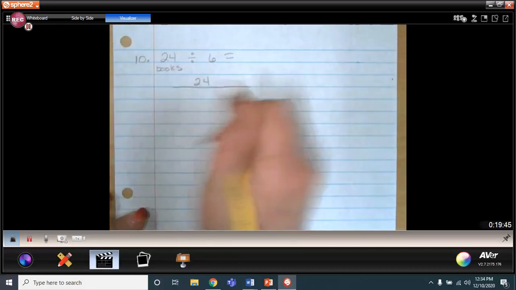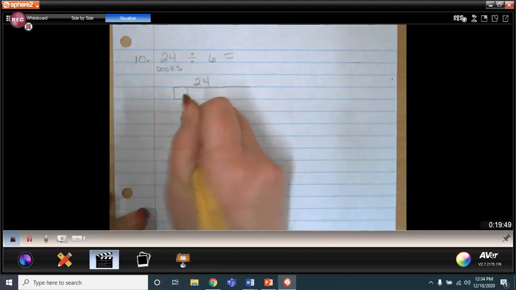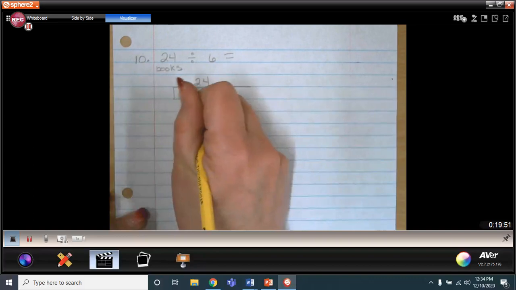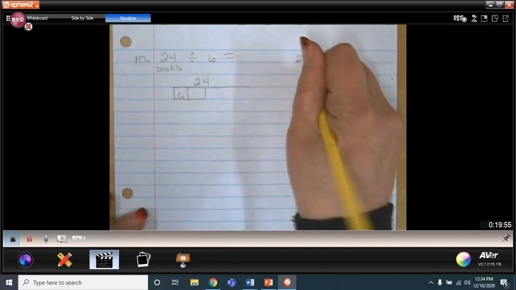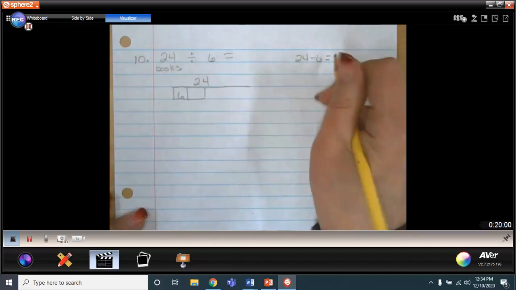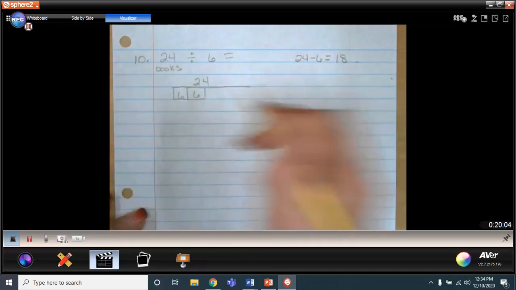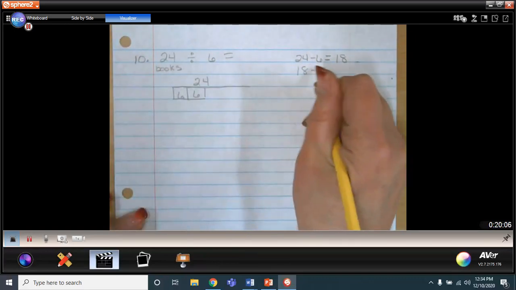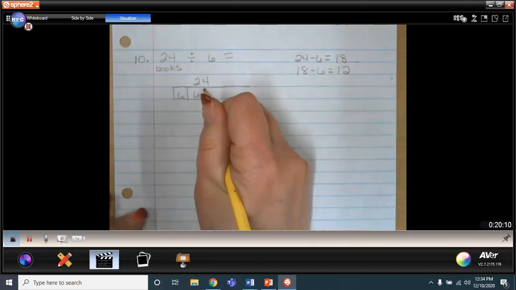So we started with the 24 books. We took 6. So 24 minus 6 is going to give me 18. Subtract another 6. You'll notice that these are multiples of 6. Now I'm at 12.